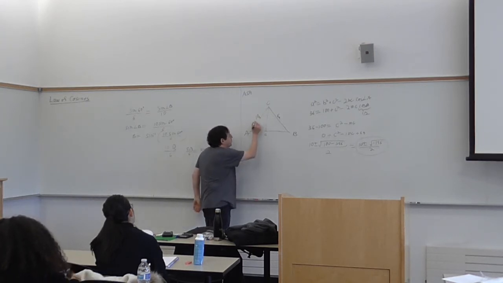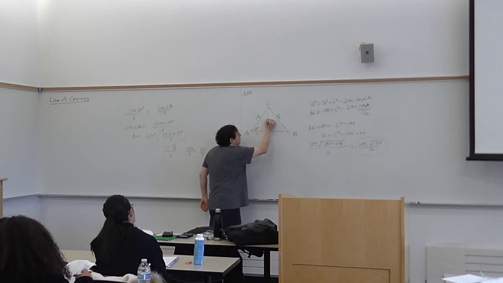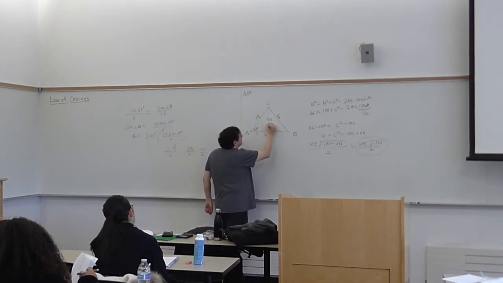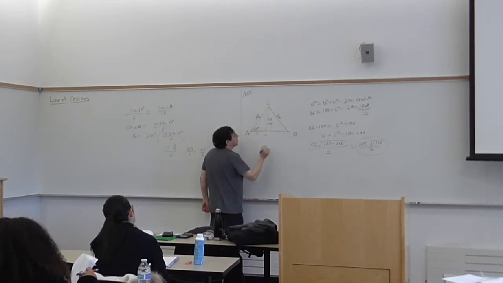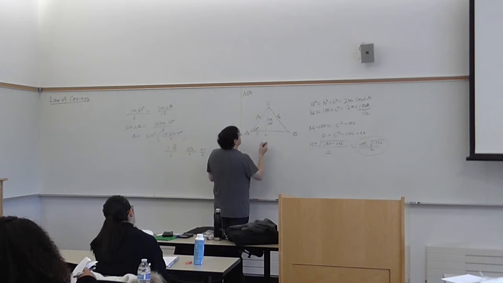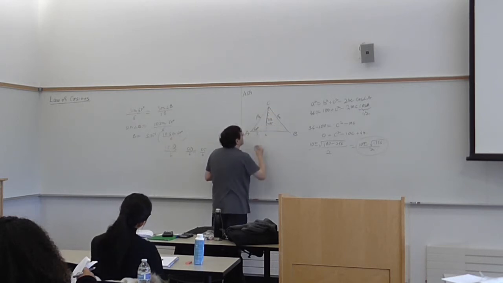I know this is half of 10, so that's 5. 5 square root of 3, what's 5 square root of 3? Oh, it's about 8.5. So how can this side be 6? You can't really, it's just dangling down here. Okay?